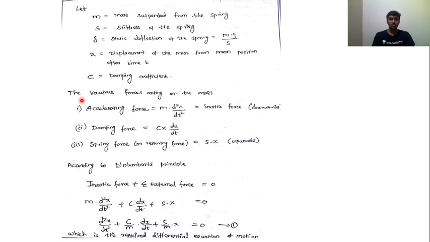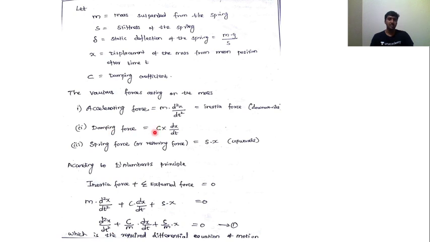The various forces acting on the mass are as follows. The accelerating force is equal to mass into acceleration, m d square x divided by dt square, which is the inertia force.